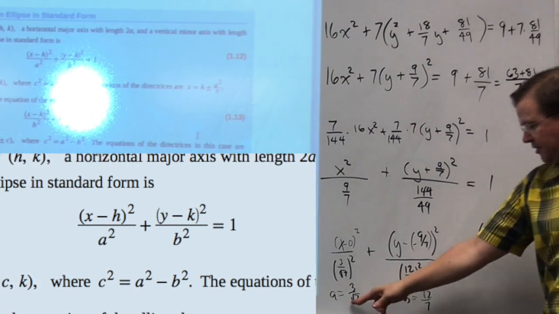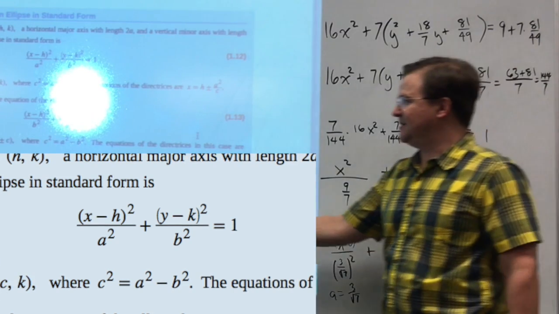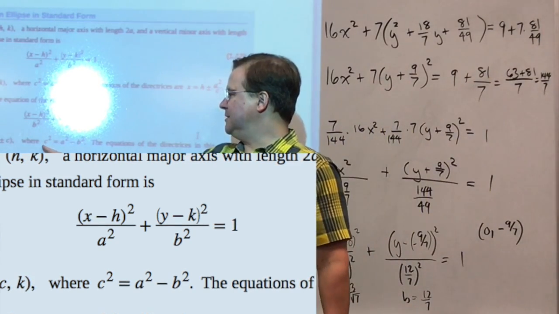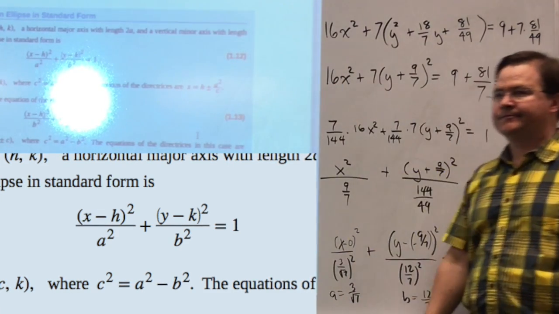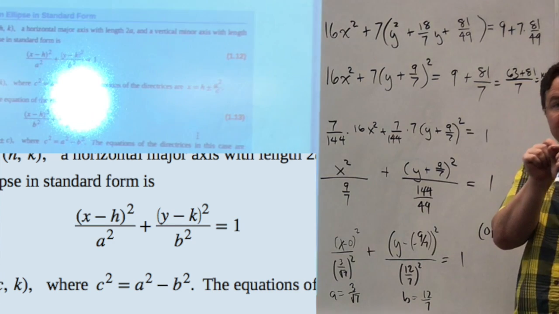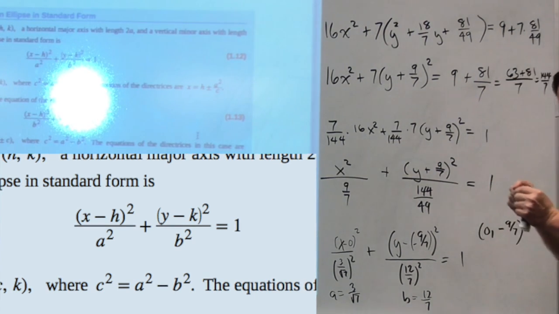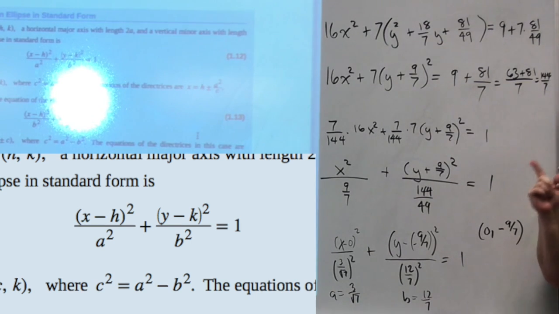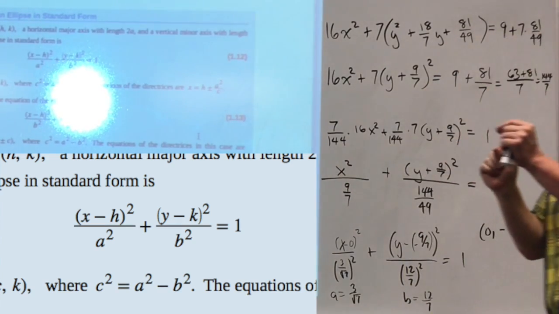From these, you can figure out what C is. C is the distance to the foci, which should then be what we found earlier. Well, it's not exactly P, because remember C is the distance from the center to the focus. P was the distance from the directrix, or from the vertex, to the focus.